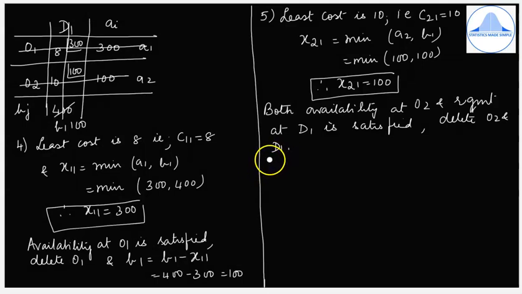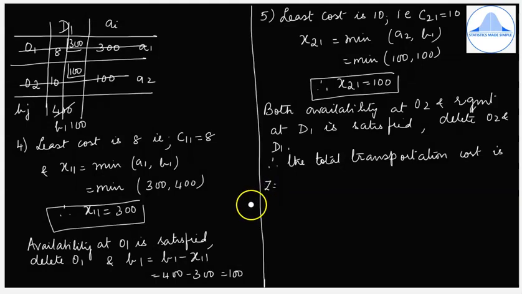Next, we'll find out the total transportation cost. Therefore, the total transportation cost is Z equal to, so from the previous slide as well, you have to multiply each cost with the allocation which you have found out.